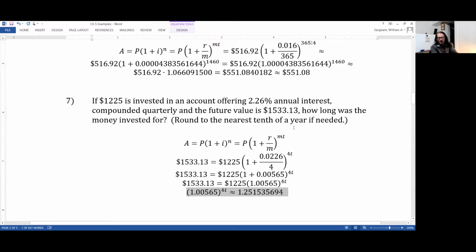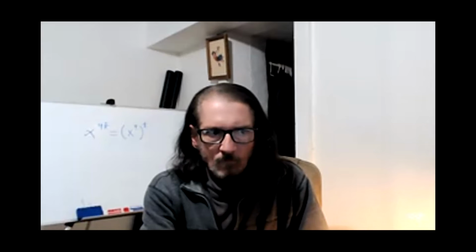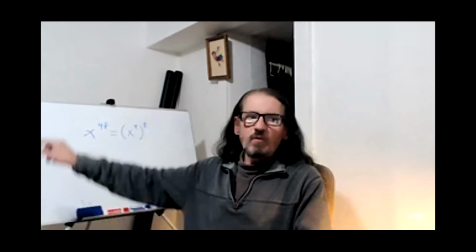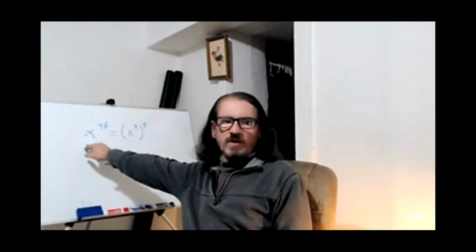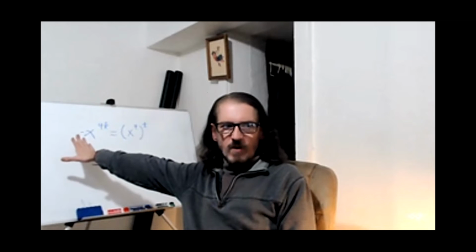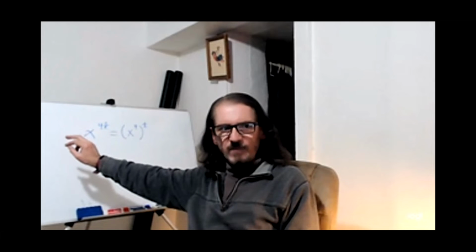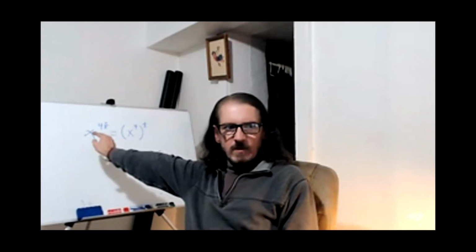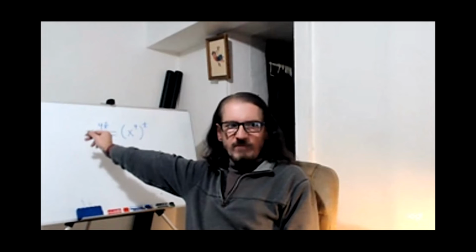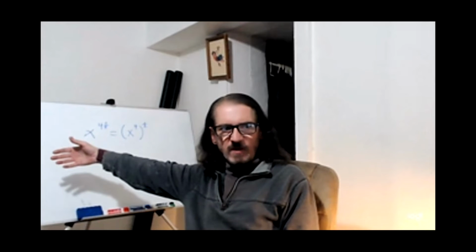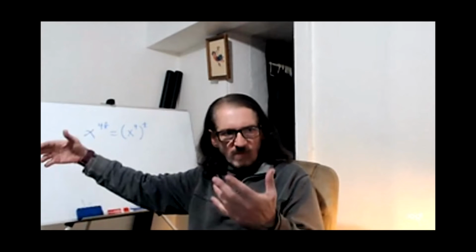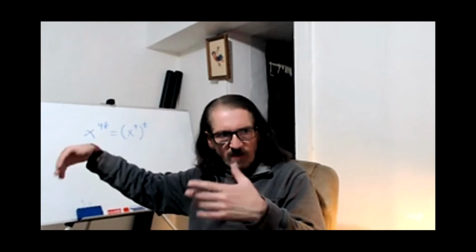Okay, I've replaced what was inside with an X for sake of quicker writing. The only variable that you have is the t, but it's being multiplied by 4, and it's up in an exponent, where we need to take the logarithm of both sides to get it out of there.